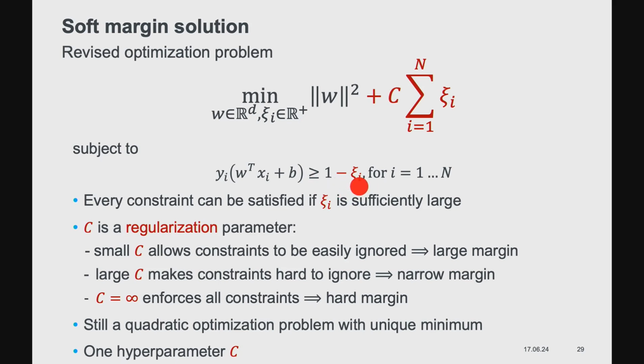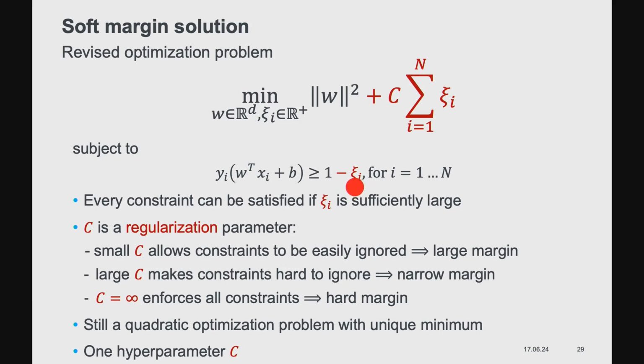Remember, between 0 and 1 for this slack variable, we have a margin violation, but classify correctly. And if this zeta i was larger than 1, then this is misclassified, because we would only require that this whole thing is larger than, for example, 1 minus 2, larger than minus 1, and minus 1 is a wrong result.